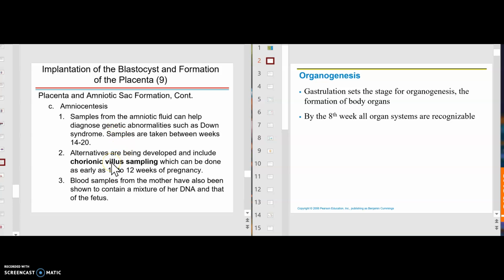But an alternative test is to take little pinches off the chorionic villi, which would be more or less within the placenta underneath, and that can be done earlier.